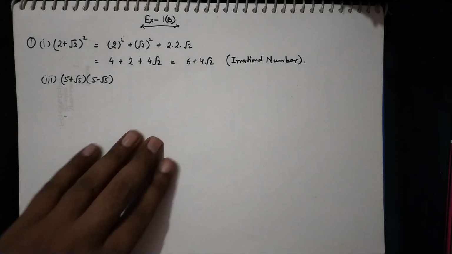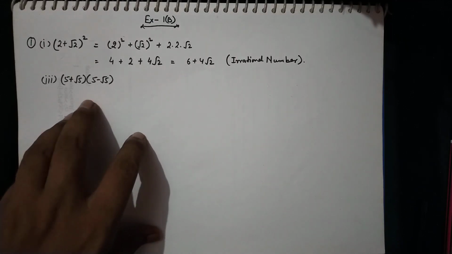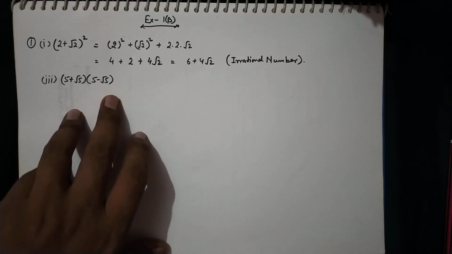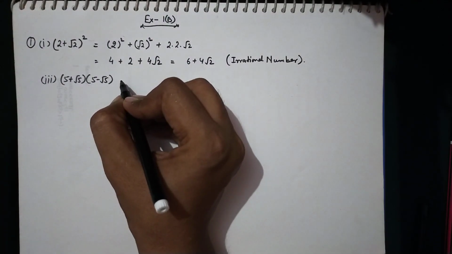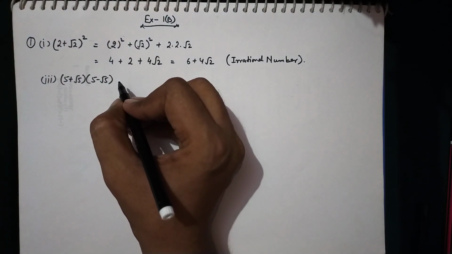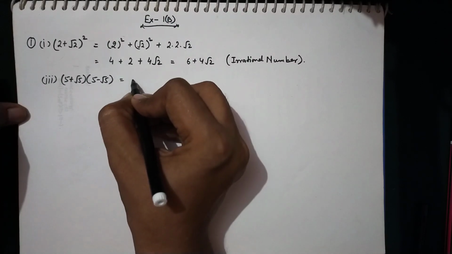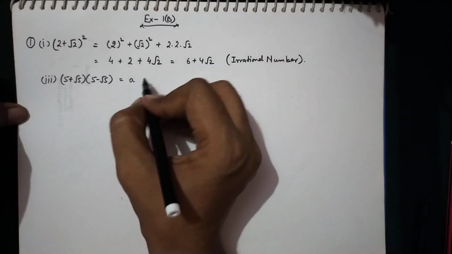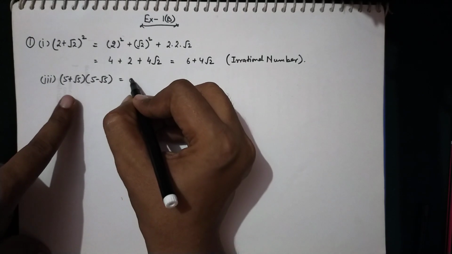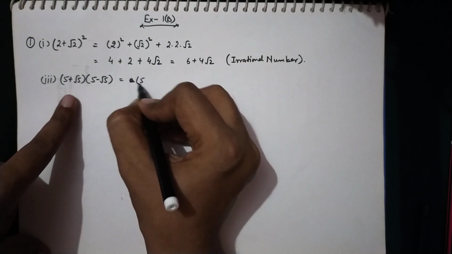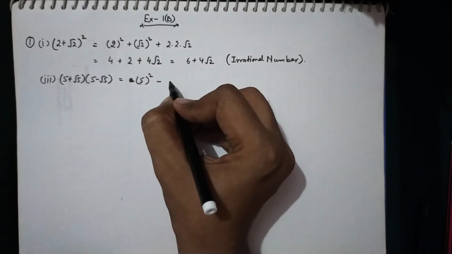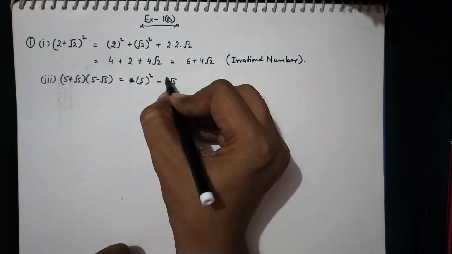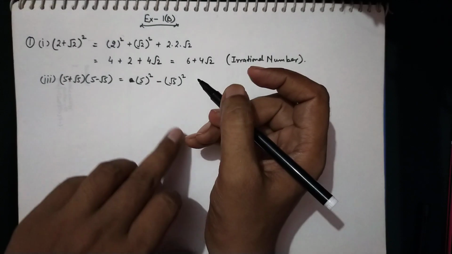Here this part is in the form of (a plus b) and (a minus b), so this can be written as a square minus b square, and in place of a we are having 5, so this will be 5 to the whole square minus root 5 to the whole square.